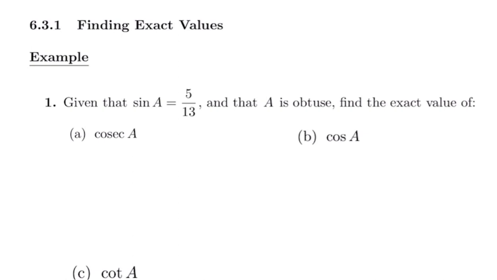It says, given that sine A is 5/13, so this trig ratio is 5/13, and A is obtuse. That's quite important, we know that A is obtuse.